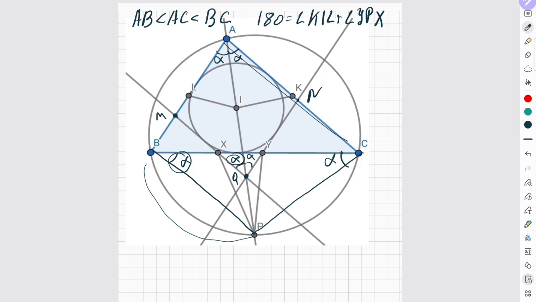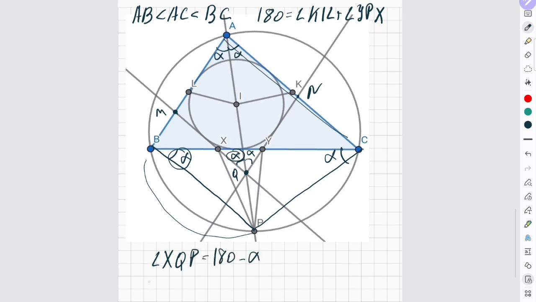Then we can say that the angle XQP is 180 minus alpha, and when we add the angle XBP, which is alpha, the sum will be 180. So the opposite angles here, the sum of these two angles is 180.